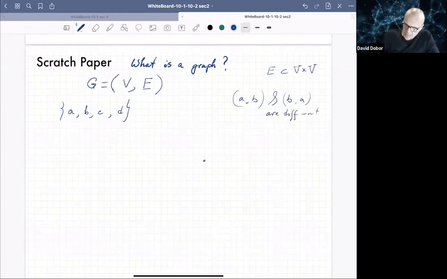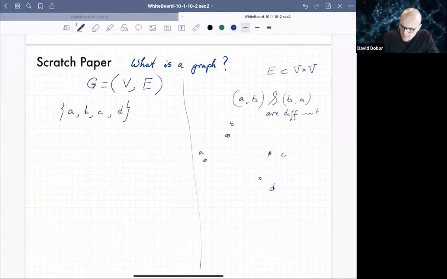So here's my A, B, C, and D, and I'm going to draw them as dots. If I select AB, just to indicate that A came before B, I'm going to draw an arrow here. It's just a visual representation of this pair of elements.